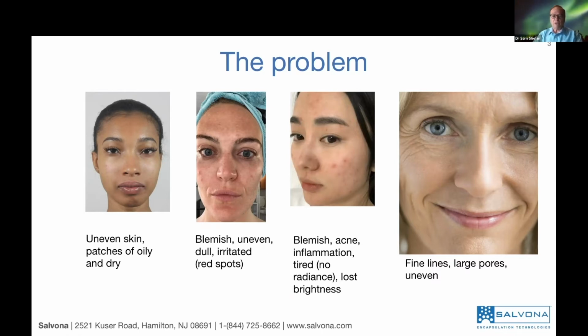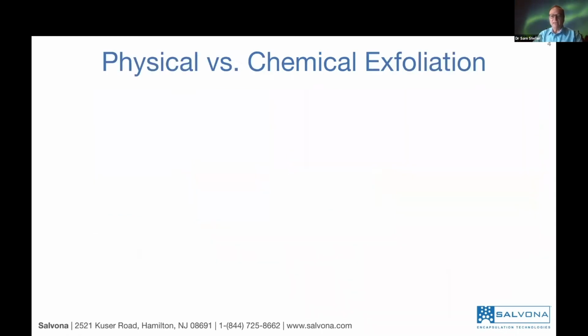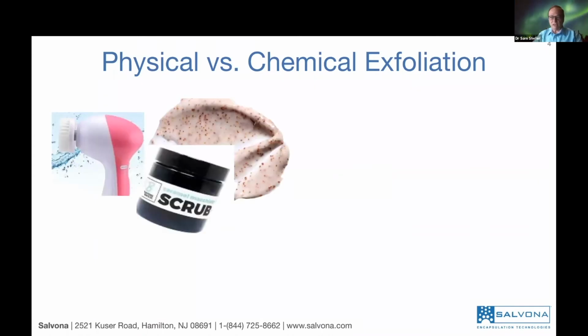Of course, we can talk much more, but this is the basic, suitable for one time. So the solution for all this is to do exfoliation. Exfoliation of the skin is the basic treatment for any type of skincare, before we talk about anti-aging. You're familiar with physical and chemical exfoliation. With physical, we're talking about scrubs.